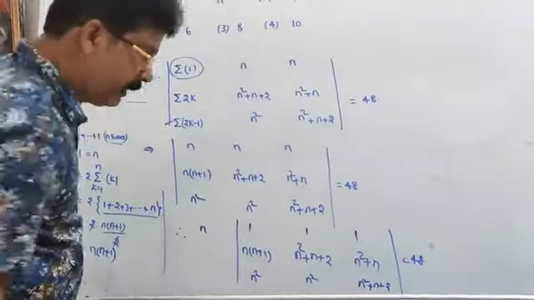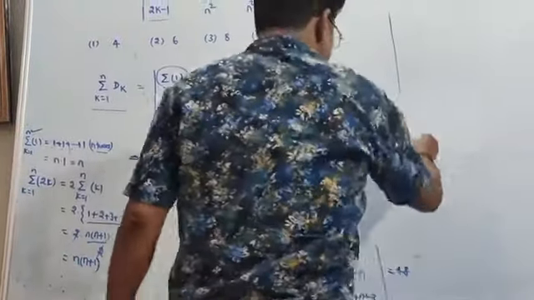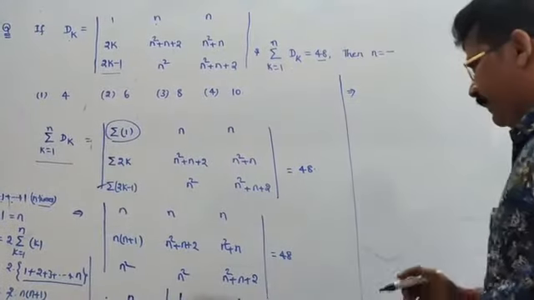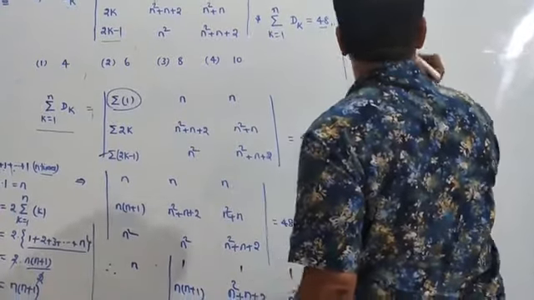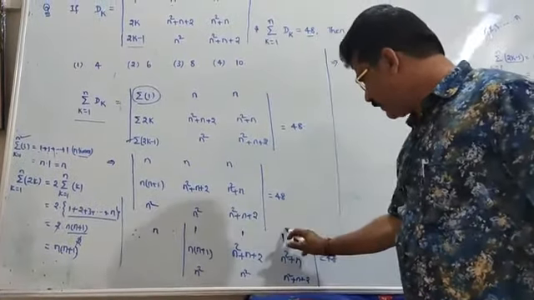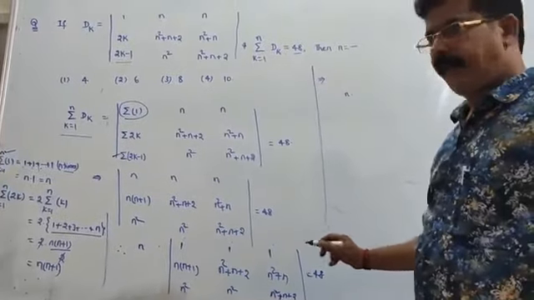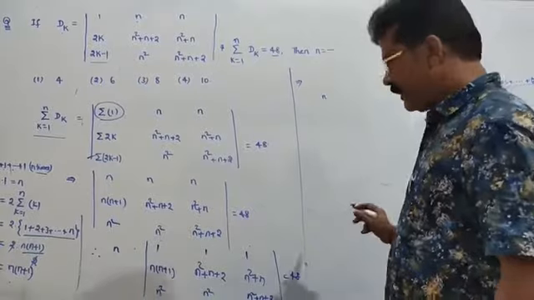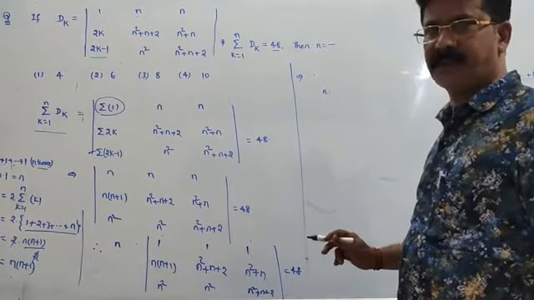That is equal to 48. So this implies n into, we can perform C2 minus C1 and C3 minus C1. Already I said about the elementary transformations in determinants and what is the need of performing them.